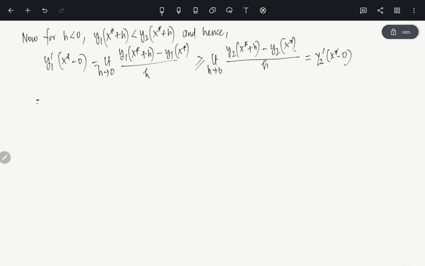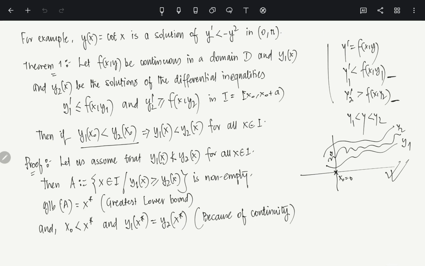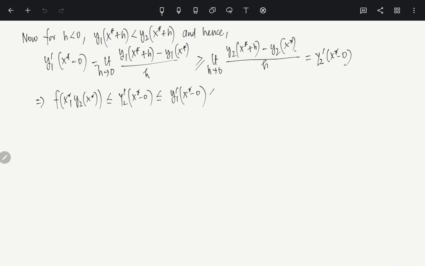So basically f of x star, y2 of x star gets dominated by y2 prime of x star minus 0, and that is again dominated by y1 prime of x star minus 0, and y1 prime is dominated by f of x, y1. So this is less than or equal to f of x star, y1 of x star.